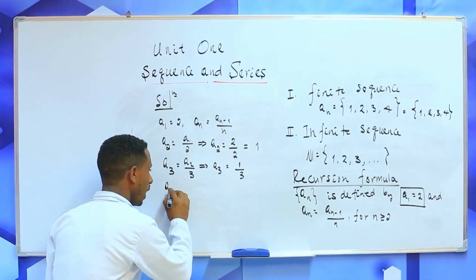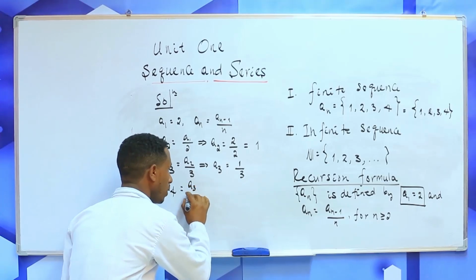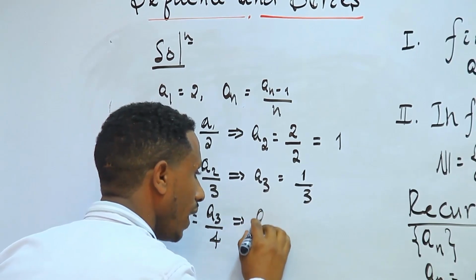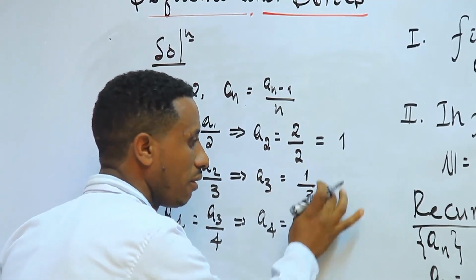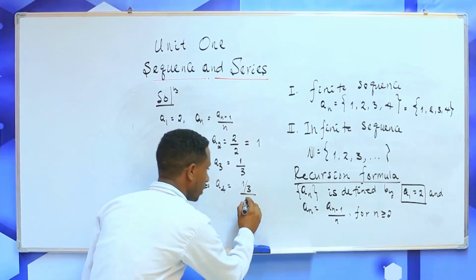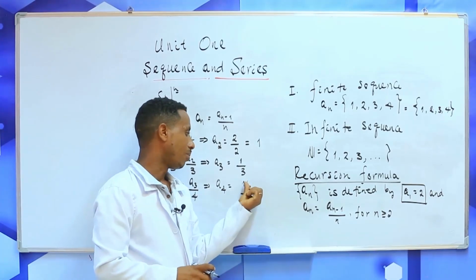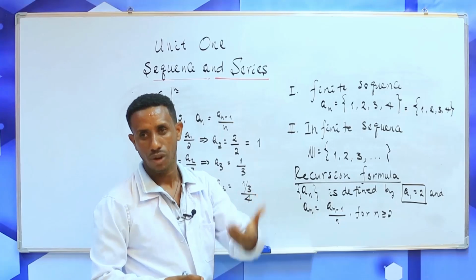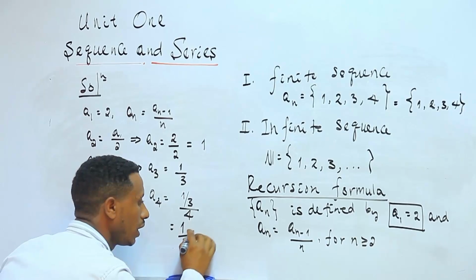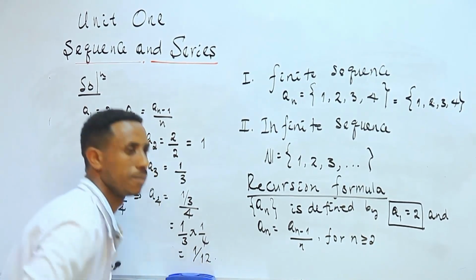What about A4? A4 is also A3 over 4. That is, A4 is equal to, you have A3 is 1 over 3 over how much? 4. You can simplify this expression by multiplying 1 over 3 by the reciprocal of 4, that is 1 over 4. It is simply 1 over 3 times 1 over 4, which is equal to 1 over 12.